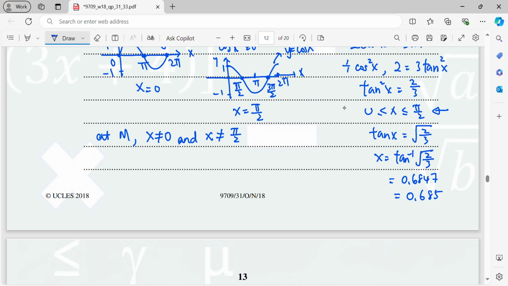So that means here you can just write the x coordinate of the point M equals to 0.685. So that's the solution of this question.